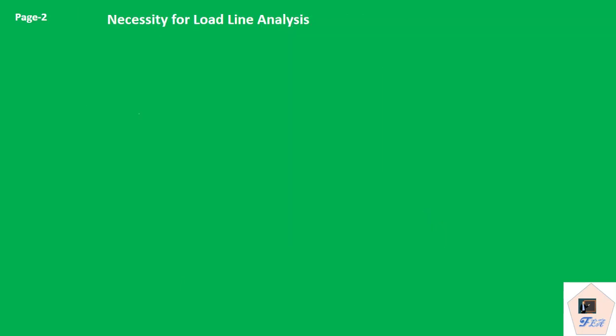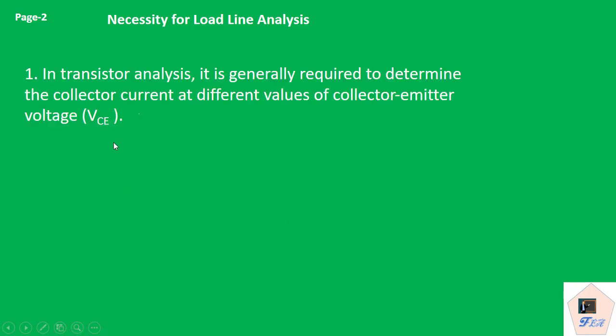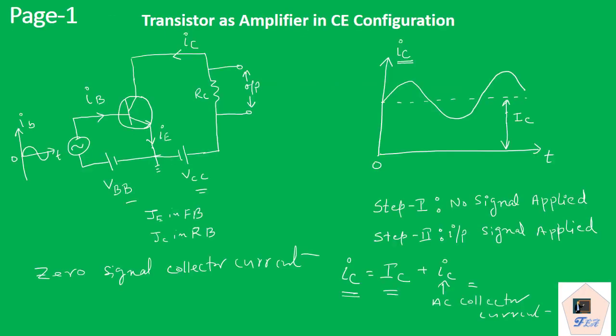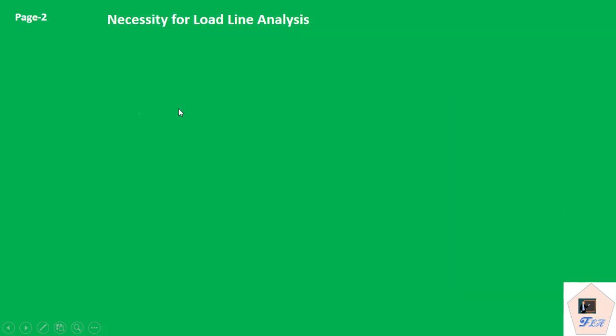Now the next topic is the load line. What is this load line and why do we require it? Let us first understand the necessity of the load line. Whenever we are using the transistor in a circuit, for analysis we generally need to determine the collector current at different values of collector emitter voltage. As we have seen in our previous lectures, at the output section we need to establish the relation between the collector current and the voltage between collector and emitter.